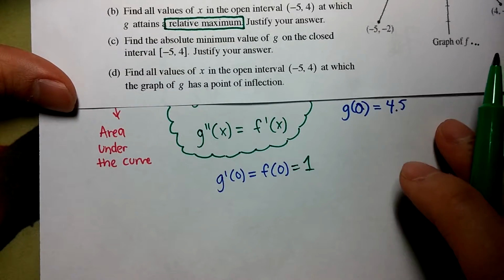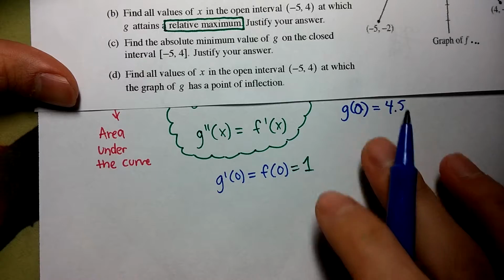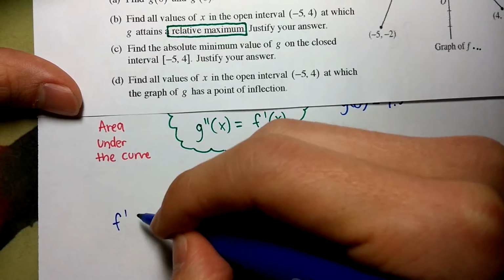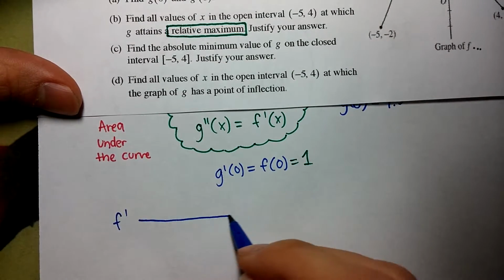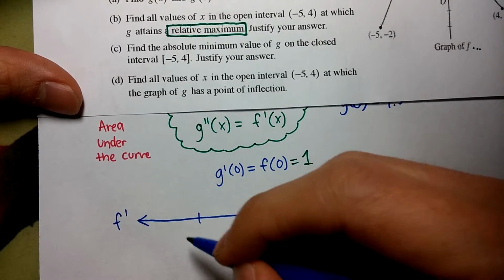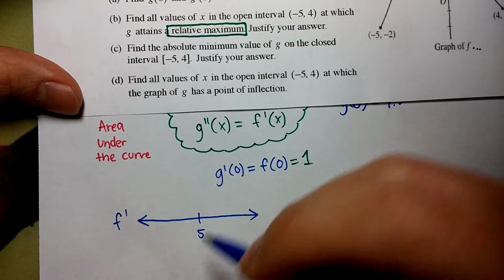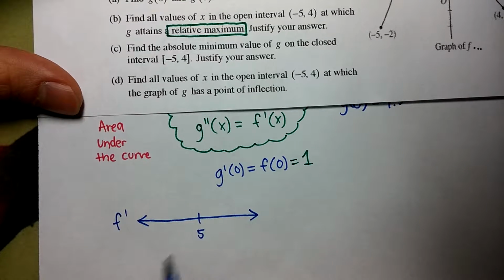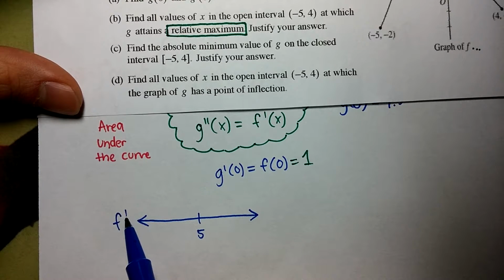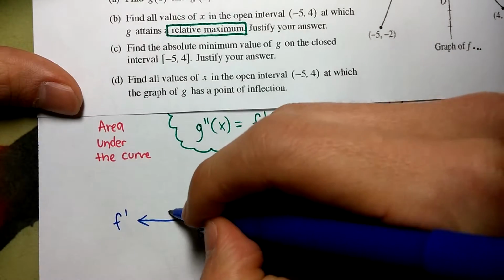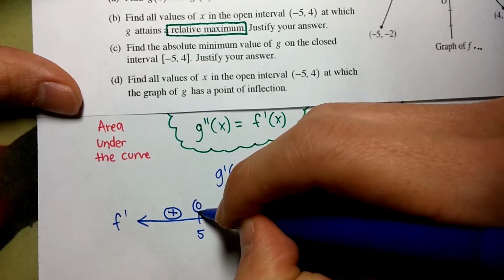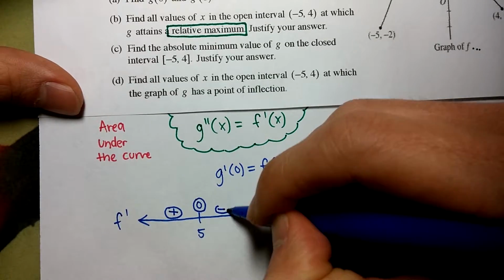Now, back in the world of derivatives, when you did the first derivative test, this is where you derive, you get f prime. You'd usually make a number line. Okay, and let's say, for instance, we have some sort of maximum happening at x equals 5. In order for this to truly be a maximum, what I like to see for the values of f prime is positive values, then hitting 0 for the tangent line, and then translating into negative values.